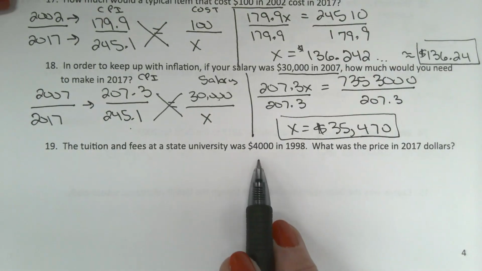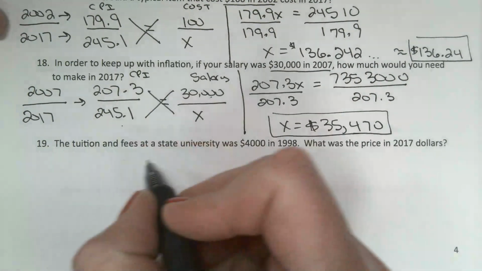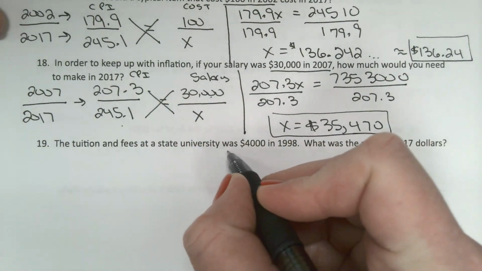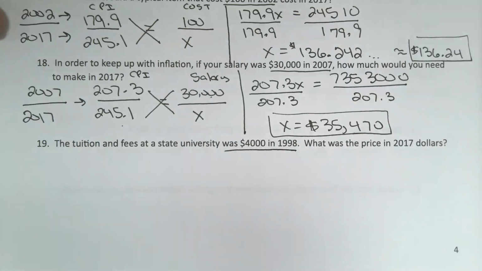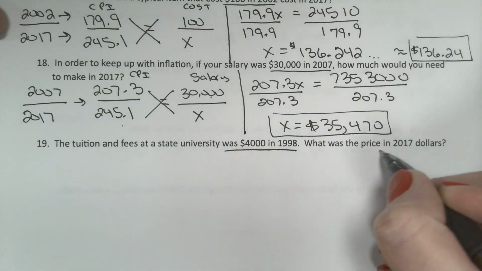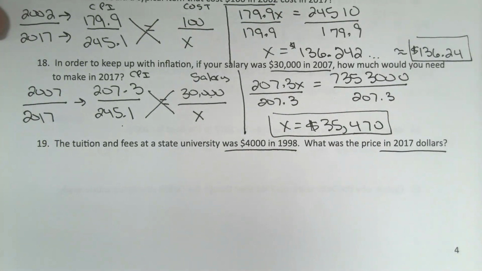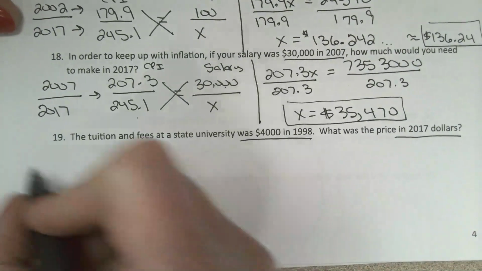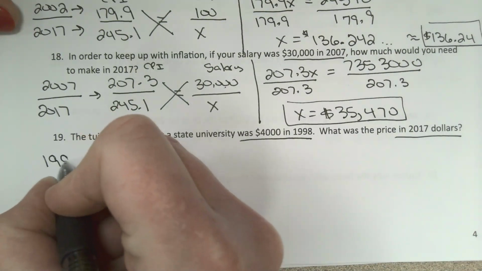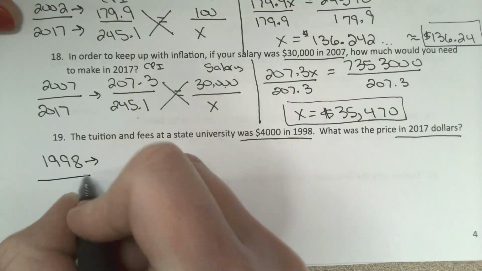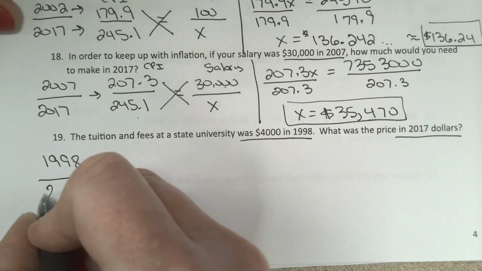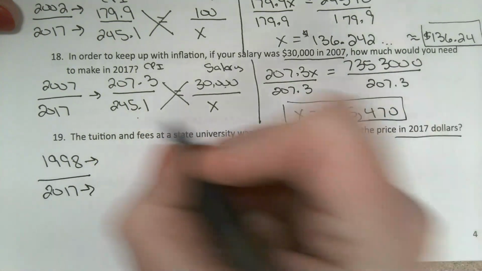All right, let's talk about tuition now. Tuition and fees was $4,098. What is its equivalent in 1997? All right, so we are comparing 1998 money and 2017 money.